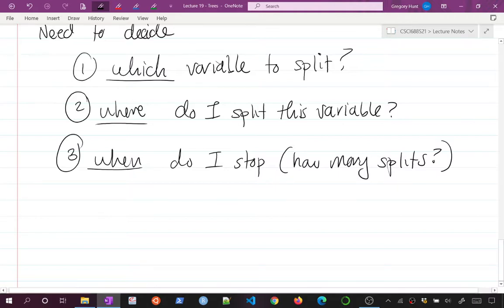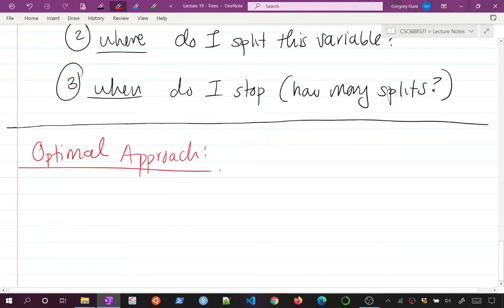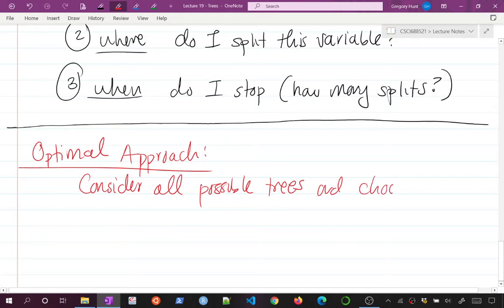So obviously, the trivial answer for all these kinds of combinatorial things is that the globally optimal approach is to consider all possible trees and choose the best.